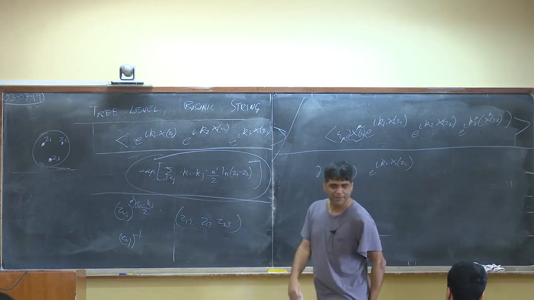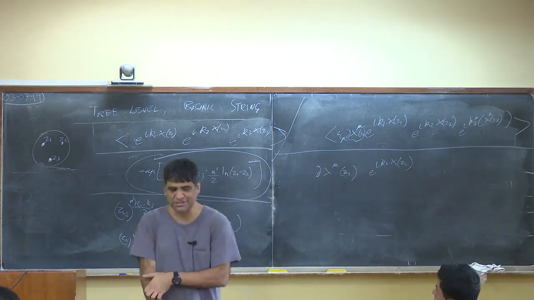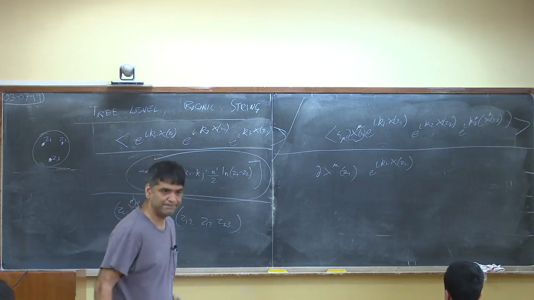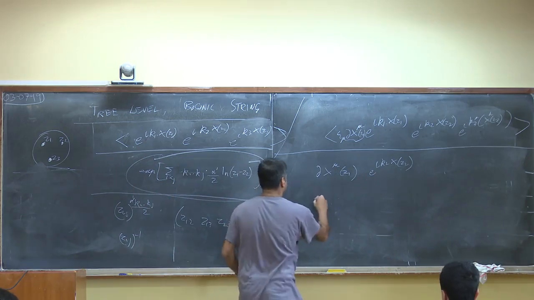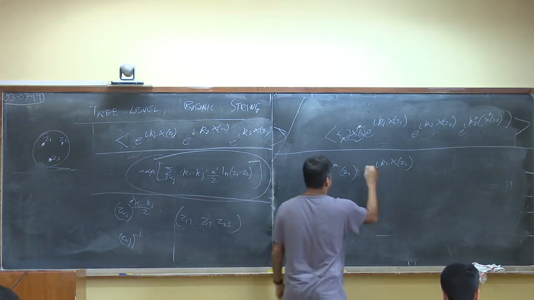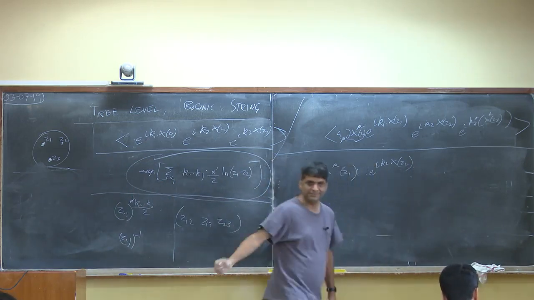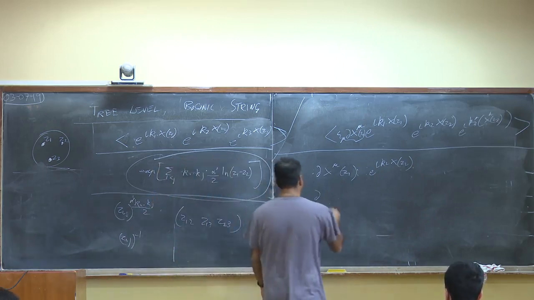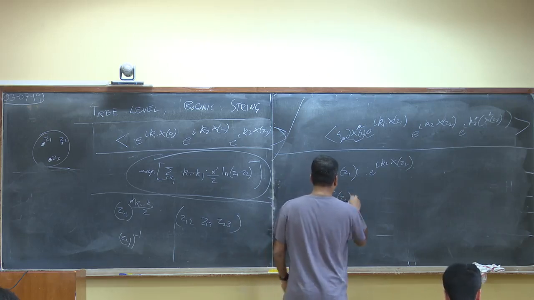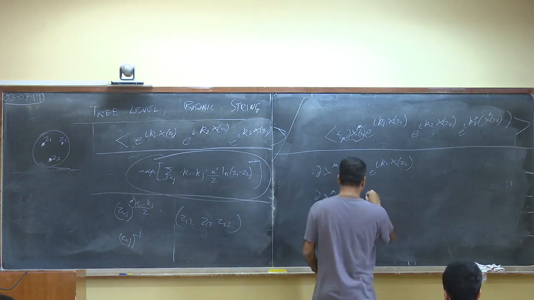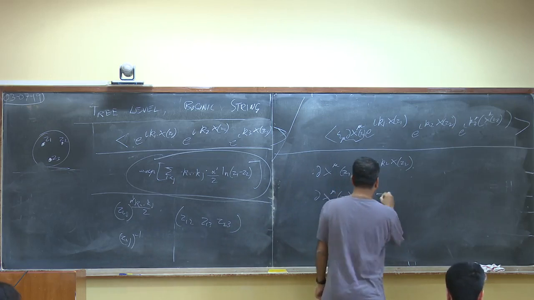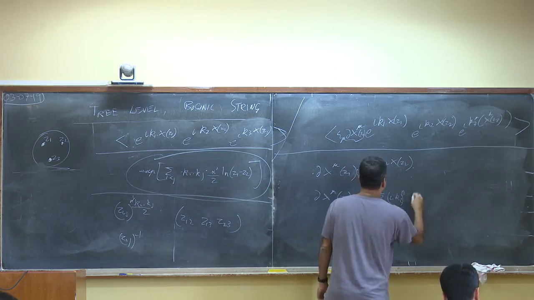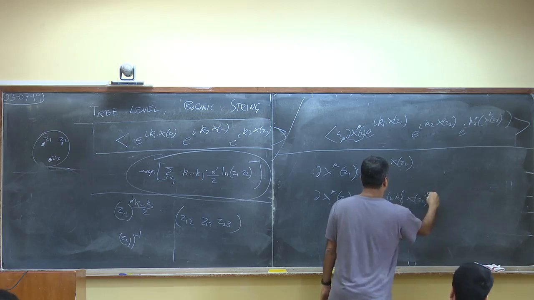We can use the fancy formula involving Green's function, or I find it easier not to make mistakes by just expanding. So we've got normal order this times normal order that: ∂x^μ of z1, and this is normal ordered sum over n of (i k2·x(z2))^n over n factorial.